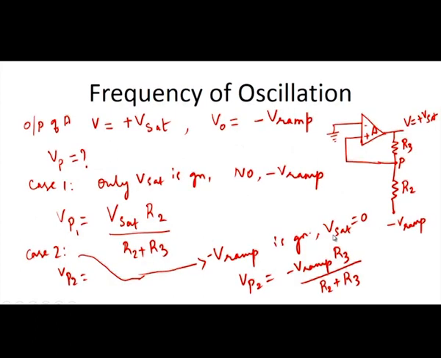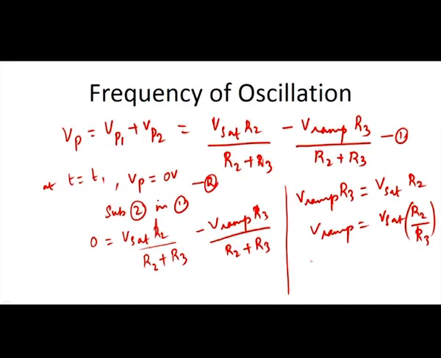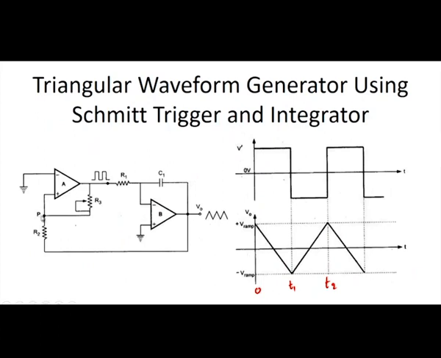So, this is for one peak. If you want to calculate the output peak to peak, it is simply 2 times R2 by R3 into V saturation. And now, this is the output present here.